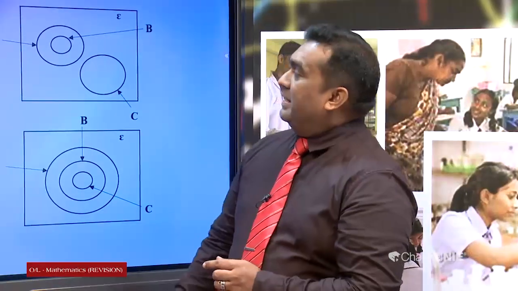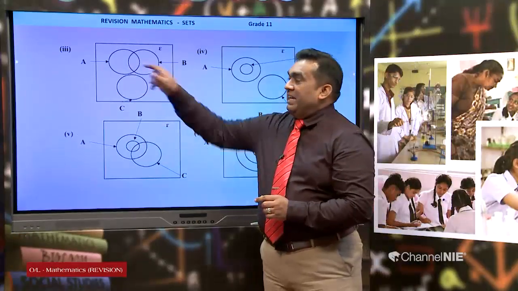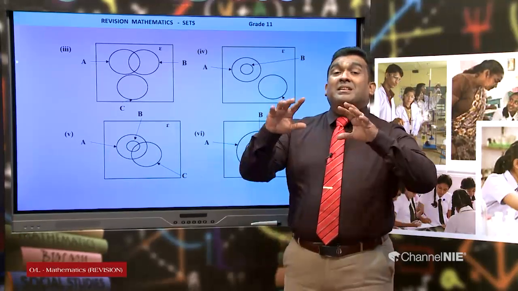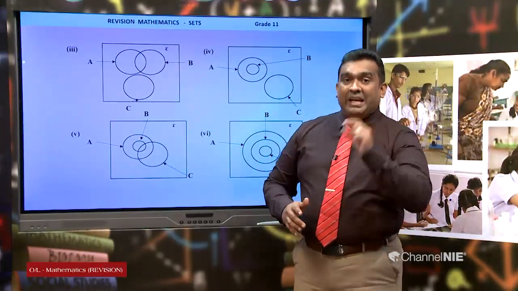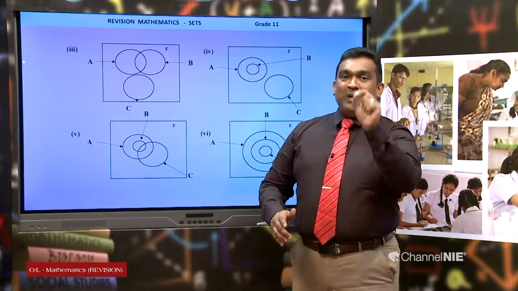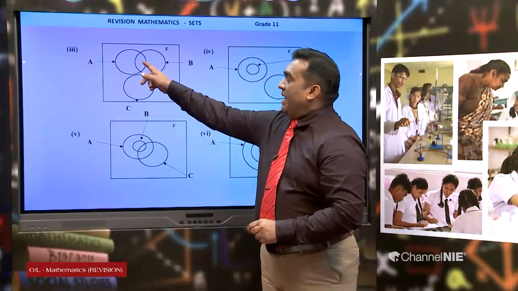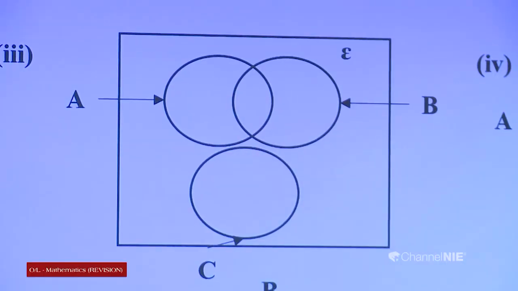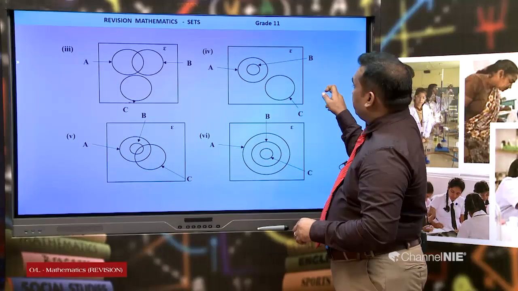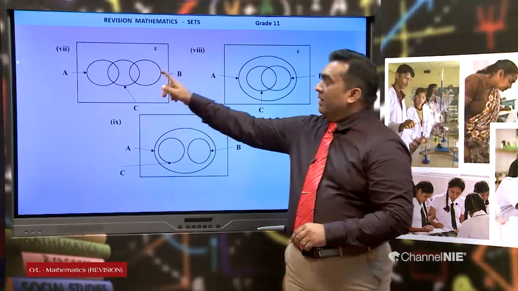If you consider set A, how do you get the number of elements of A, n(A)? You add the number of elements in this region and this one. Taking the sum of the two regions, you can find the number of elements of A. Right.